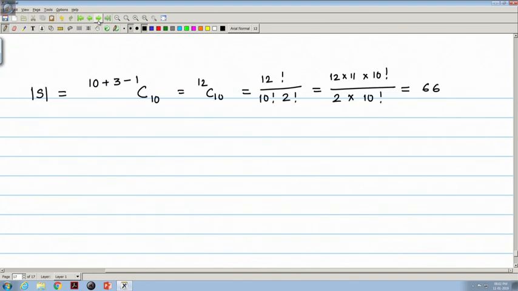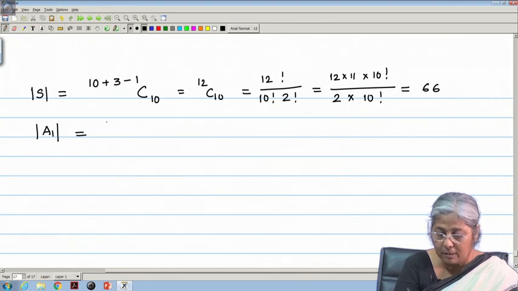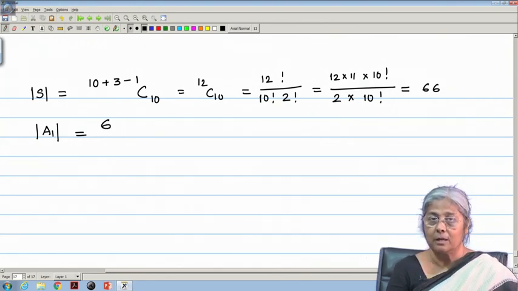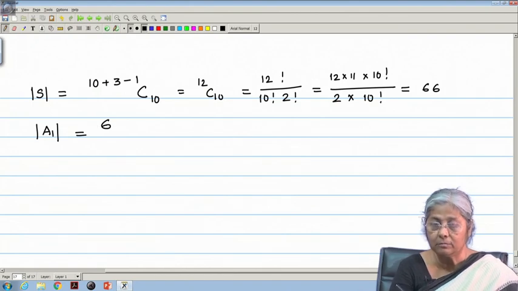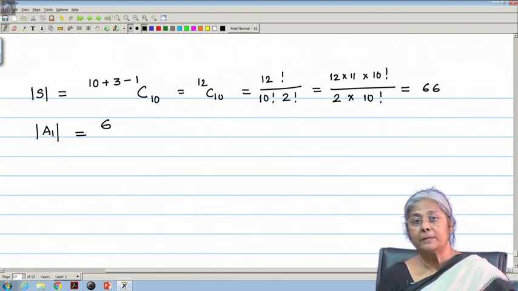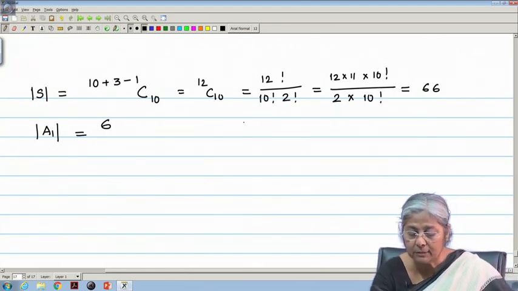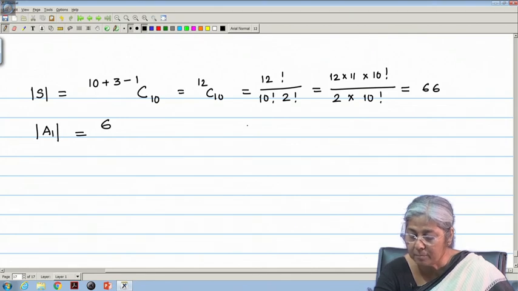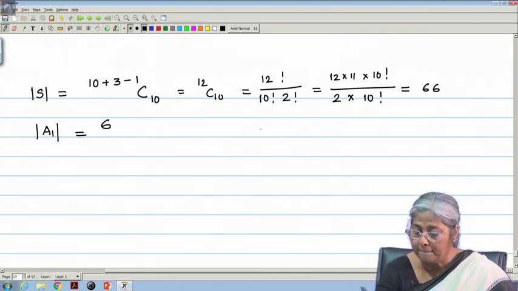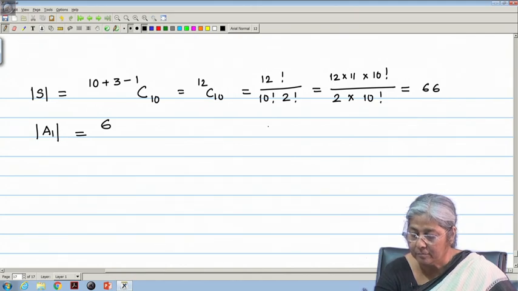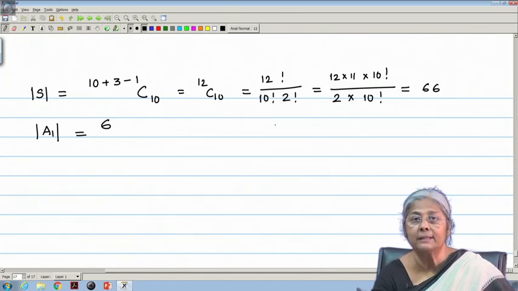Now, how to compute A1? See, there are 10 combinations and for A1 we have taken the property that A appears more than 3 times. So, if A appears more than 3, more than 3 means at least 4.